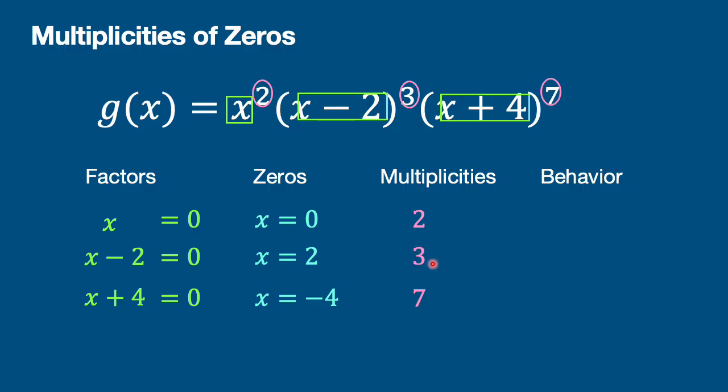When you find the multiplicity, can you see this multiplicity is even? That means the behavior of the x-intercept is touch. When the multiplicity is odd, the behavior of the x-intercept is cross. Multiplicity is odd, the behavior of the x-intercept is cross. Okay, guys, do you understand what multiplicity means?